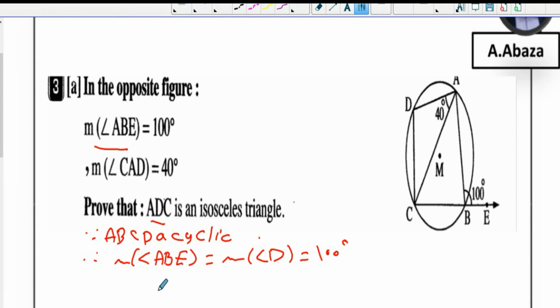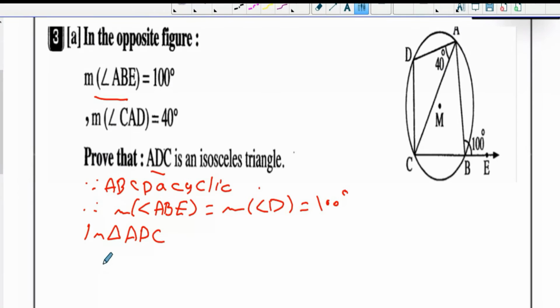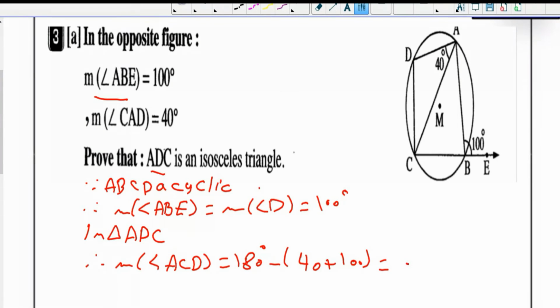Yes. In the triangle ADC, I can find measure of the angle ACD. Measure of the angle ACD equals 180 degrees minus bracket 40 plus 100, which equals 40 degrees.